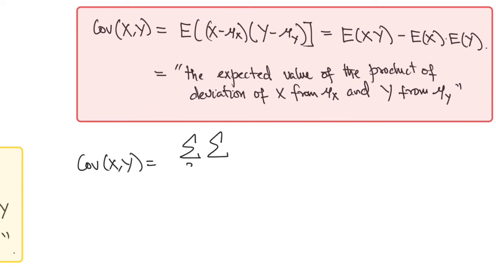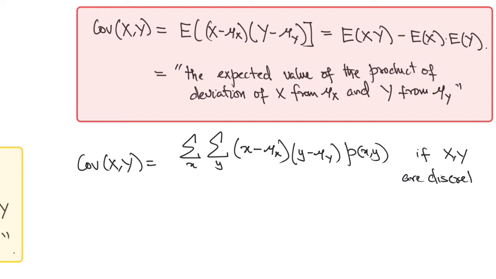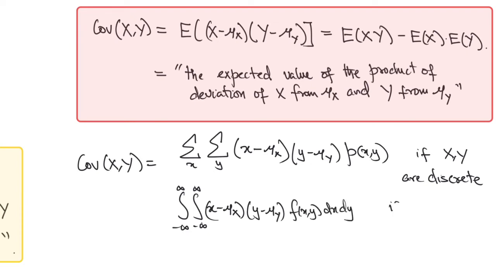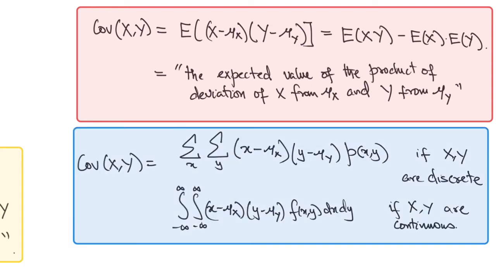The covariance can be defined in the discrete setting as the following double sum, and in the continuous setting as the double integral of x minus mu x times y minus mu y times f x y times dx dy if x and y are continuous random variables.